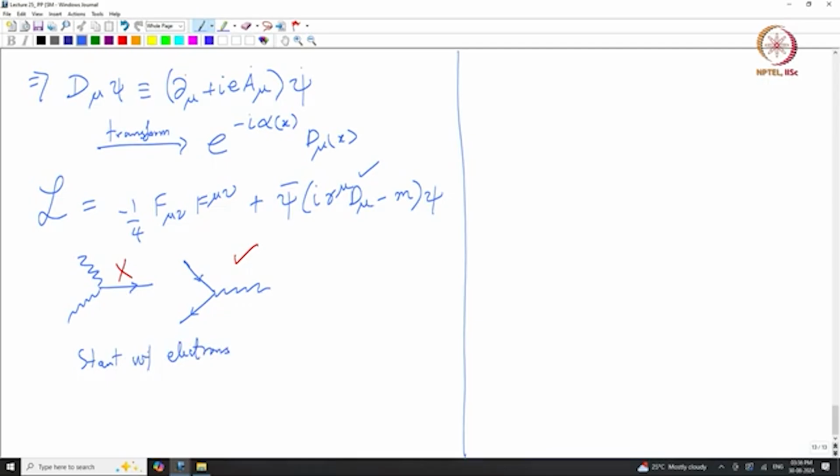You can write down a Dirac equation, and then you want to make it gauge invariant, okay. If you do that, you cannot help having, okay, a force carrier, you cannot help introducing the photon, okay.